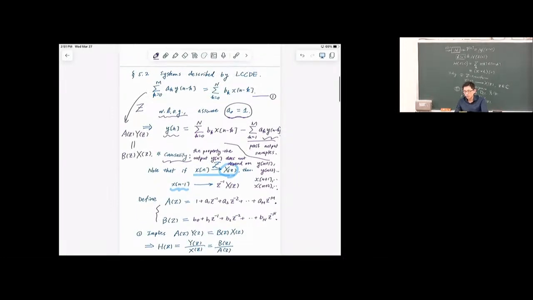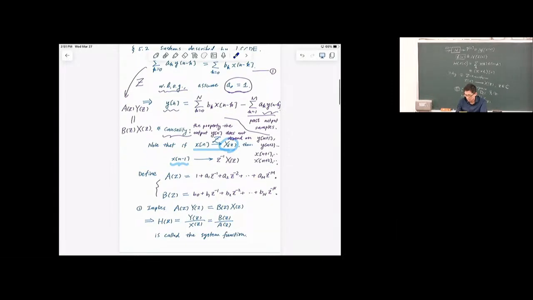So it turns out that with shift theorem, you can easily show that equation 1 implies this very nice and concise relation, very concise, that A and Y multiplied in the Z domain equals B and X multiplied in the Z domain. Which is again copied right here, right?